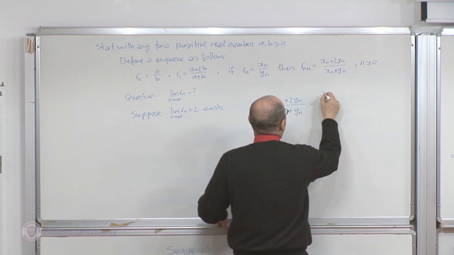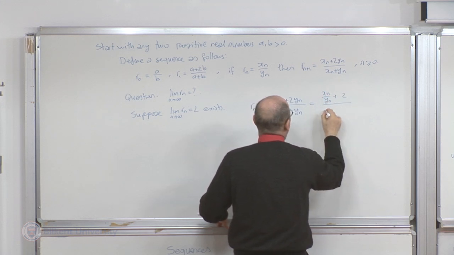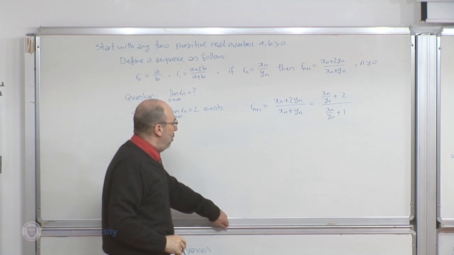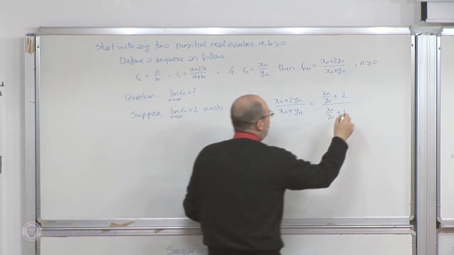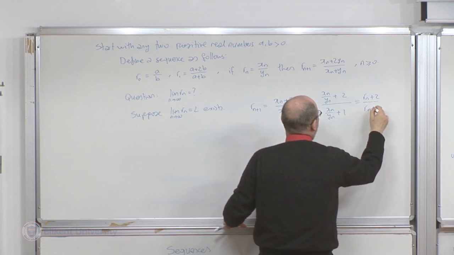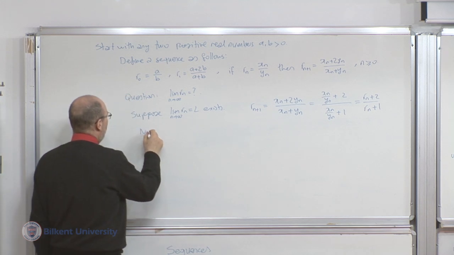So Xn over Yn plus 2 over Xn over Yn plus 1. Then use this definition: Rn plus 2 over Rn plus 1. Now take the limit.